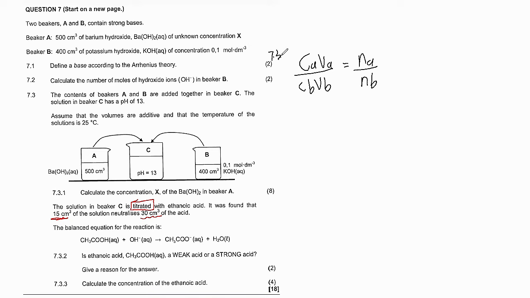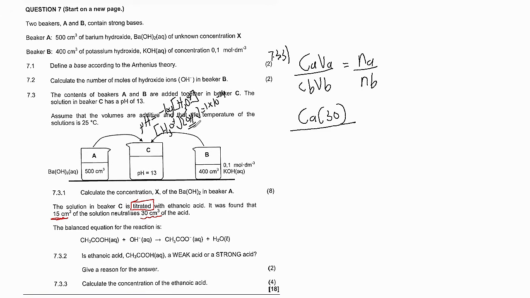So let me indicate 7.3.3. Concentration of the acid we do not have, but the volume of the acid, we are told it's 30 cm³. Concentration of the base in beaker C, you will remember that when we were doing the previous question, pH is equal to negative log [H3O+], and then we also did [H3O+] multiplied by [OH-] is equal to 1 times 10 to the exponent of negative 14.